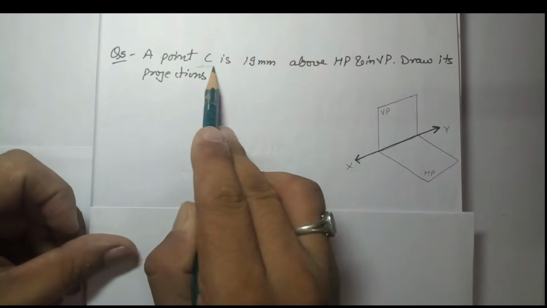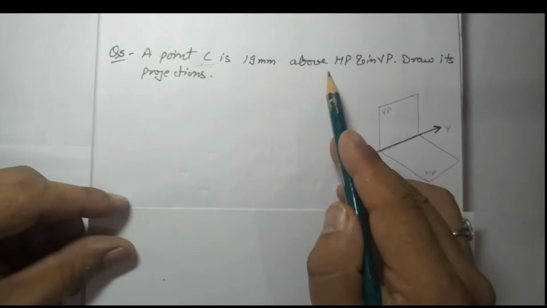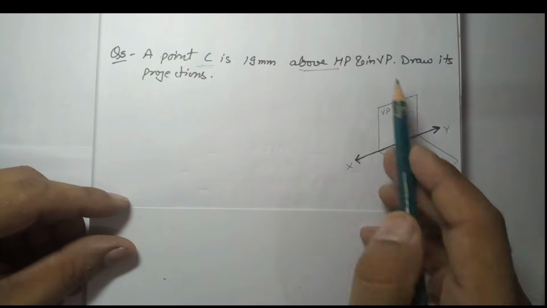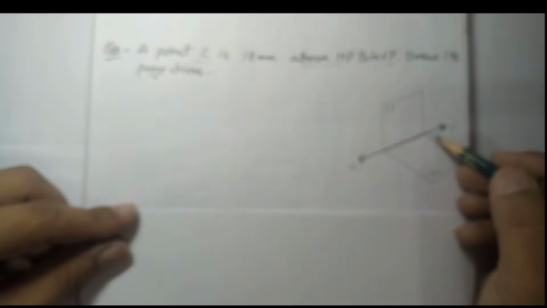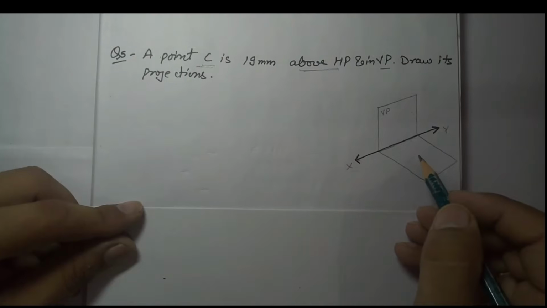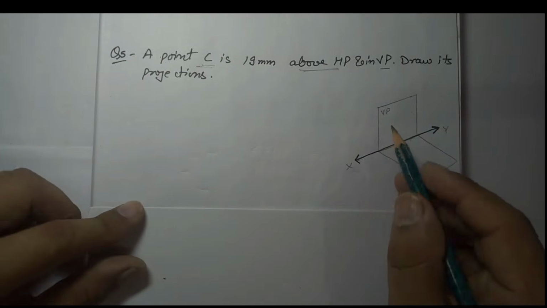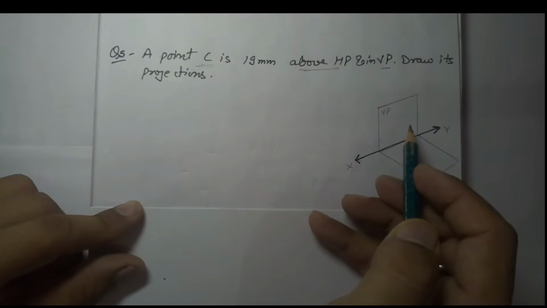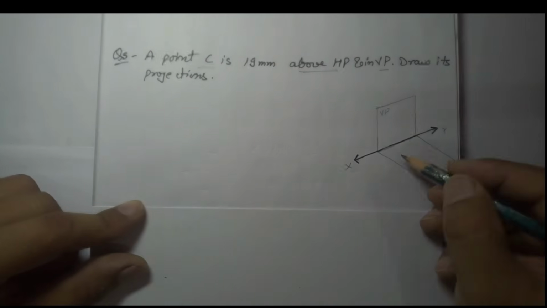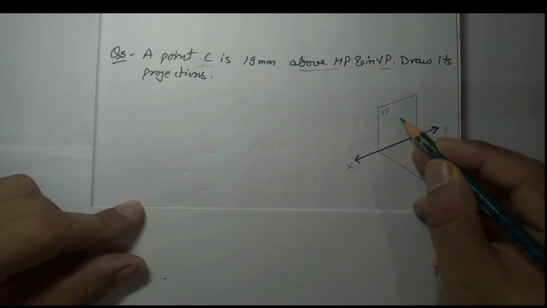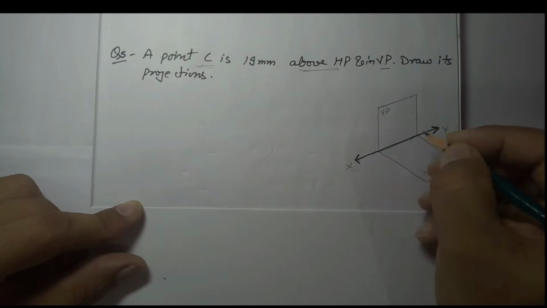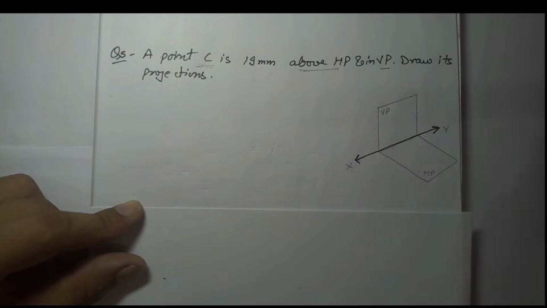A point C, name of the point C, is 19 mm above HP. So this is above HP and in VP, so no gap from VP. Above HP and in VP, it can be in the first quadrant or the third quadrant. We prefer the first quadrant, 19 mm above HP. Above HP 19 mm in VP means it is placed on the plane VP. So from XY or from HP, we take a point.